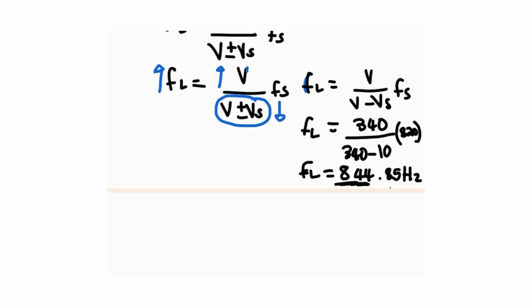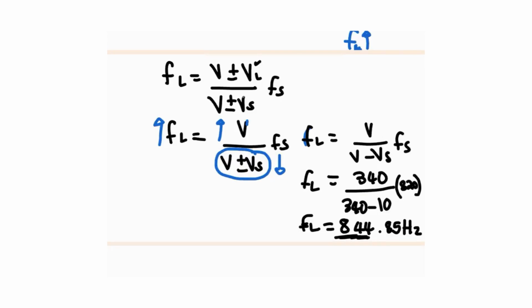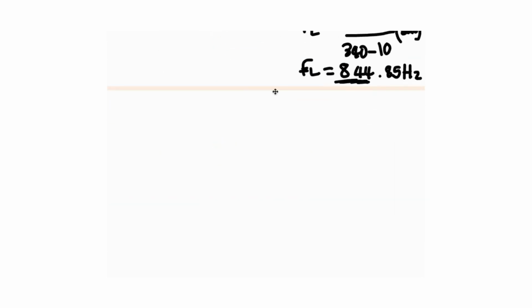So this is also another way to make sure that you are on the right track. When you do the calculation, you should already know what is expected. Are you expecting something bigger than what you have or smaller than what you have? Okay, so that is the first example.